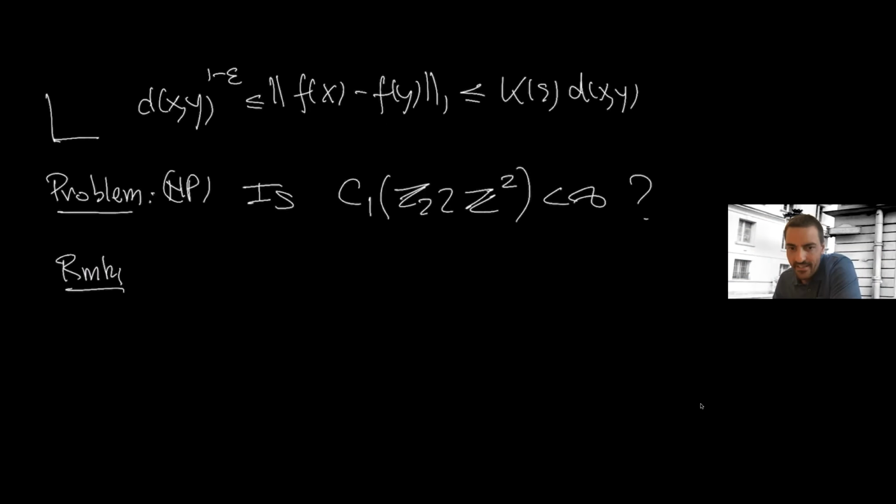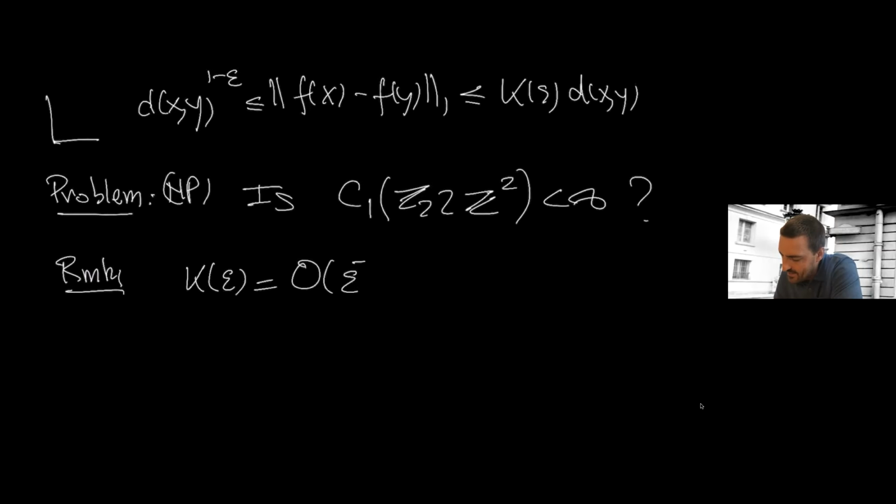If you look at the proof and track down the dependence on epsilon, you can easily see that the dependence on epsilon is polynomial, for some constant C, which in general can be taken less than 3, and C is less than 2 if gamma embeds into, let's say, a Hilbert space by Lipschitz.